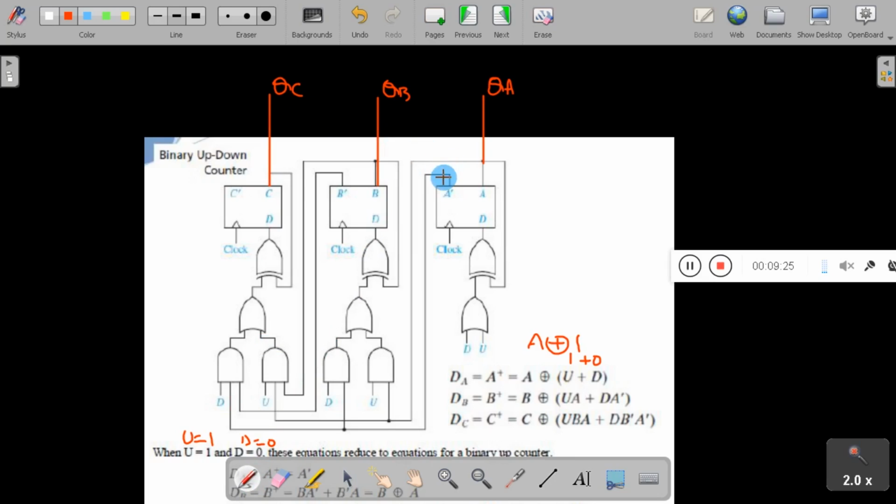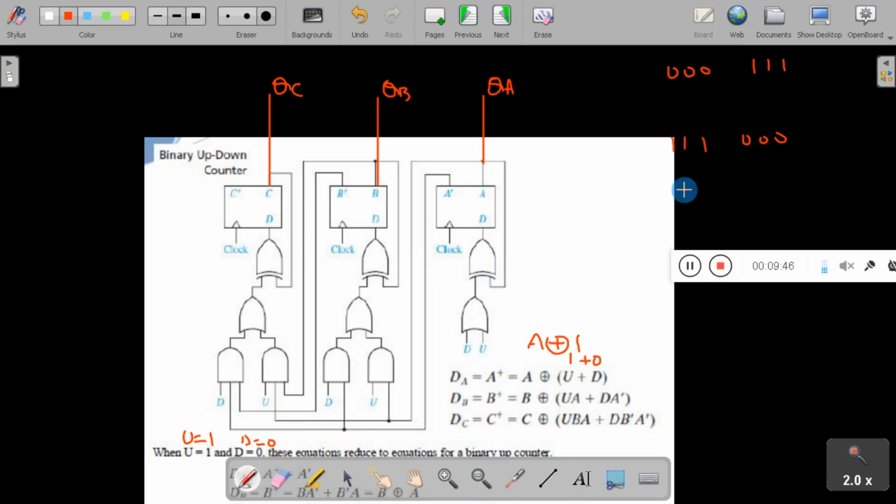So this counter, by using D flip-flops, will count in both directions, from 0 to 7 or 7 to 0, that is from 000 to 111, or from 111 to 000, both in up direction and down direction depending on the control signal.